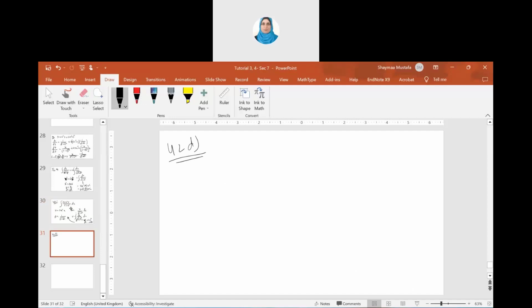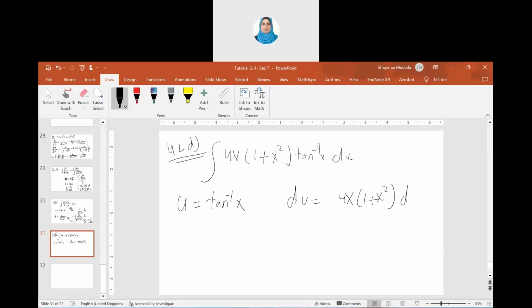Take u equal to tan inverse x, and take dv equal to 4x over 1 plus x squared dx. Then you can calculate similarly. This is an easy integration. For tan inverse x, you check the formula of the derivative and continue. Same idea.